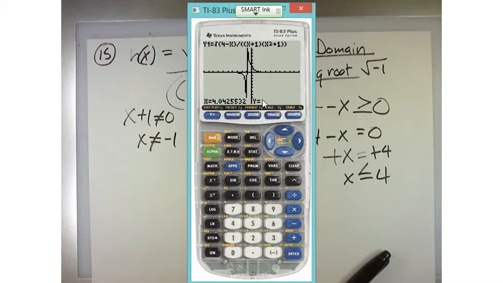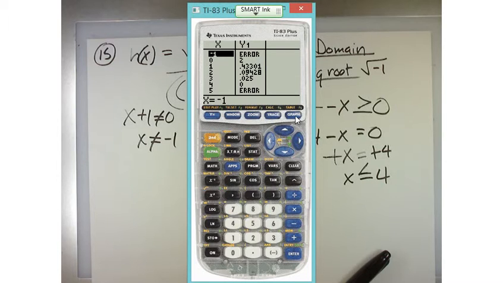There is no y value. We can see this too in the table. Once you get to 4, the numerator will be the square root of 4 minus 4, which is 0. The square root of 0 is 0. And so at that point, you can no longer take a square root. As we look at all the values greater than 4, there's an error because mathematically we can't get a real number answer.